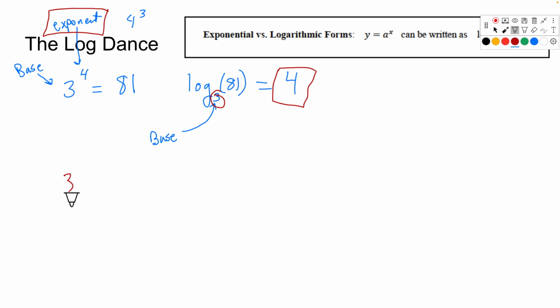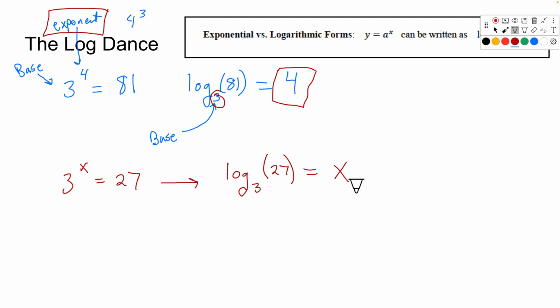What if I had 3 to the x power equals 27? What do we get? Good. So we get log base 3. 27 is going to come here and join the 3, and the exponent's going to be on the other side.